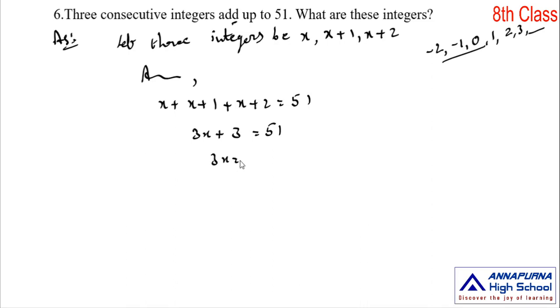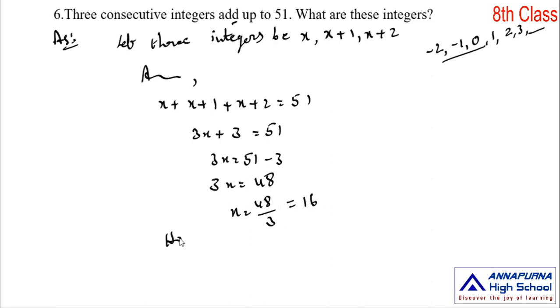So 3x is equal to 51 minus 3. It is equal to 48. x is equal to 48 by 3. It is equal to 16.